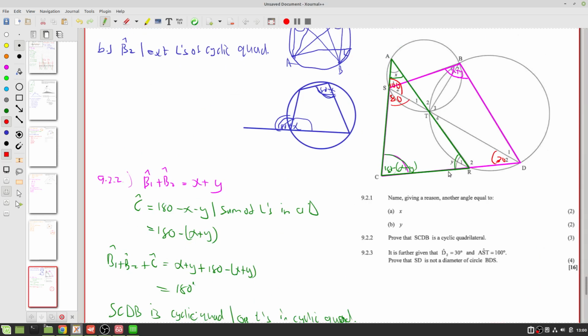What else do we know? This is 30 degrees, so let's use triangle SDC. We know that's 80 and that's 30, so we can figure out what angle C is.